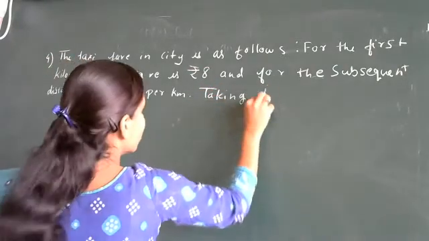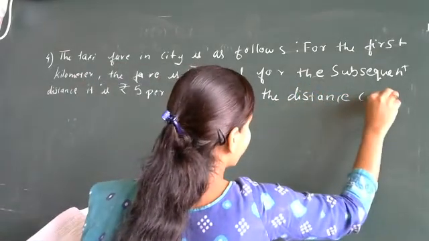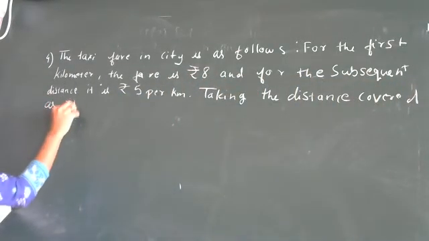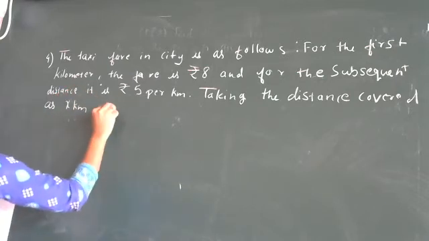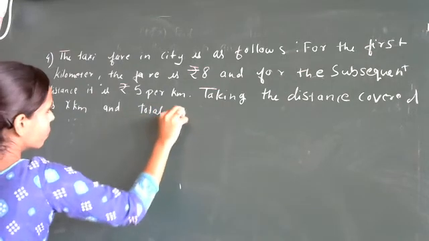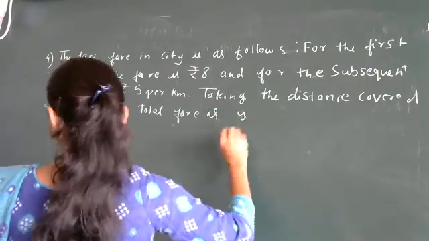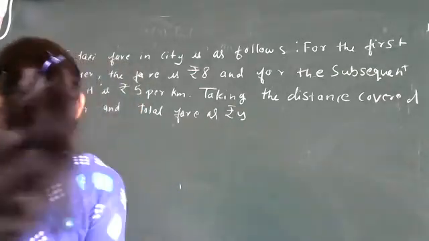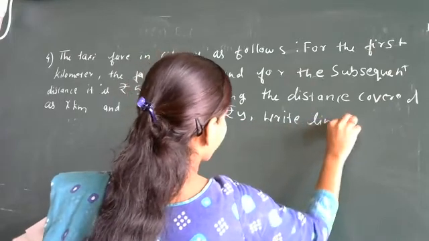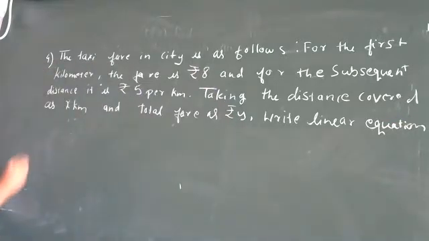Taking the distance covered as x kilometer and total fare as rupees y, write a linear equation for this information and draw the graph.